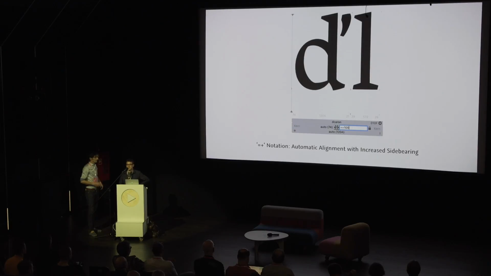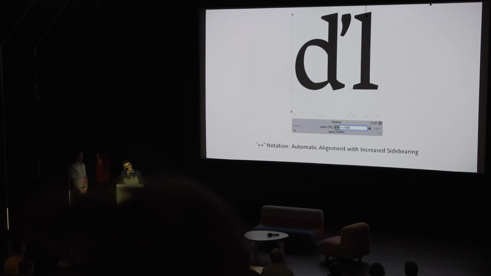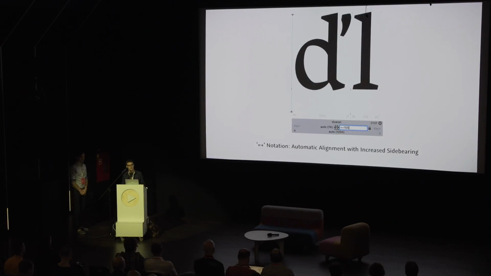And of course, sometimes you want to use automatic alignment, but it's not really practical because let's say the classic case of the D caron, where the diacritic is not on top, but to the right of it. Now, wouldn't it be great to use automatic alignment, to keep it automatically aligned, but have a little bit extra space on the right side anyway?